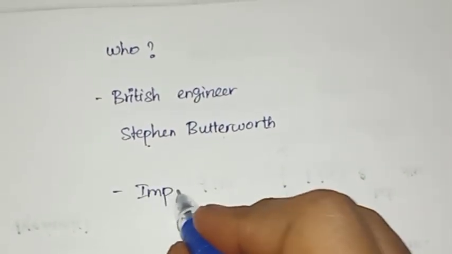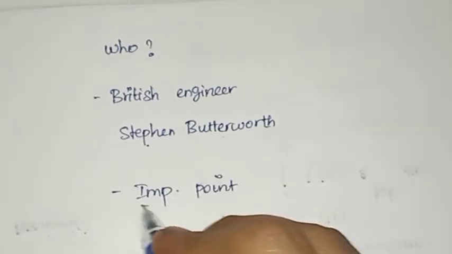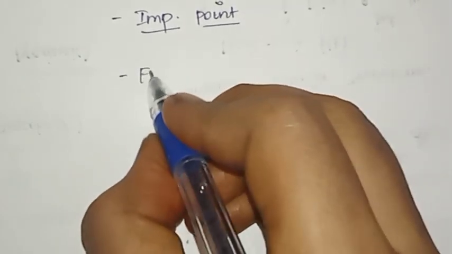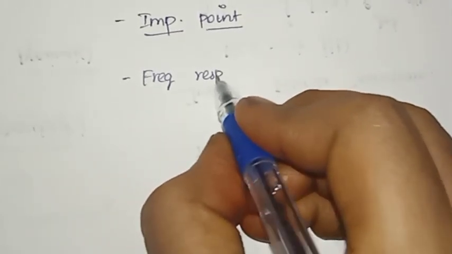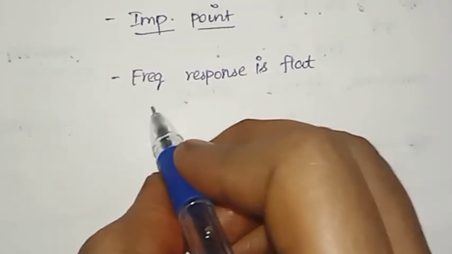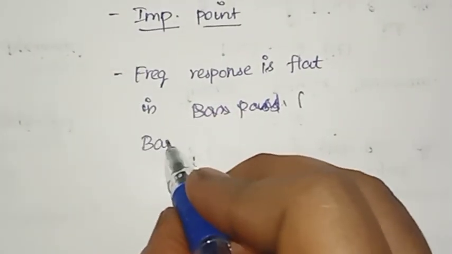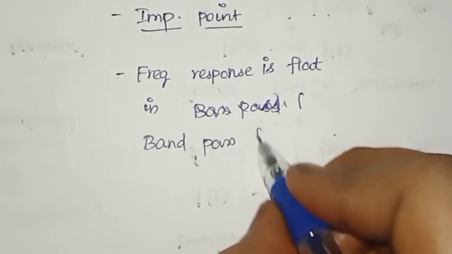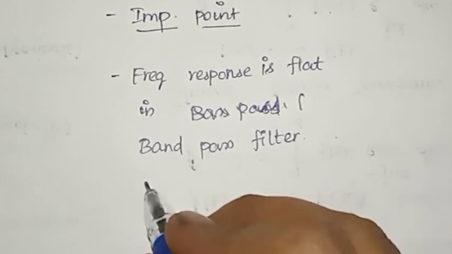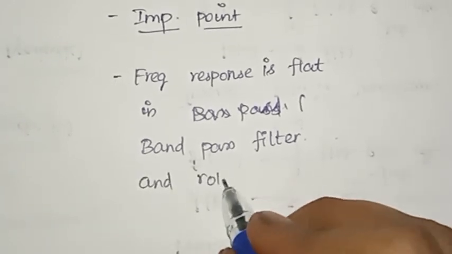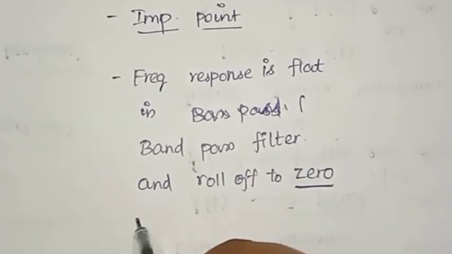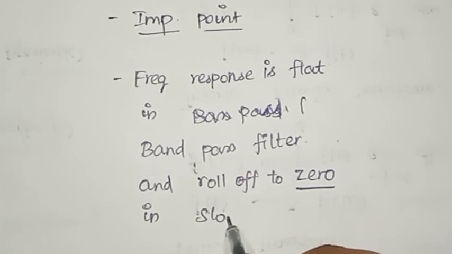Next, I am going to tell some important points. Keep in mind what they are. First, the frequency response is flat in band pass filter, and roll off to 0 in stop band.